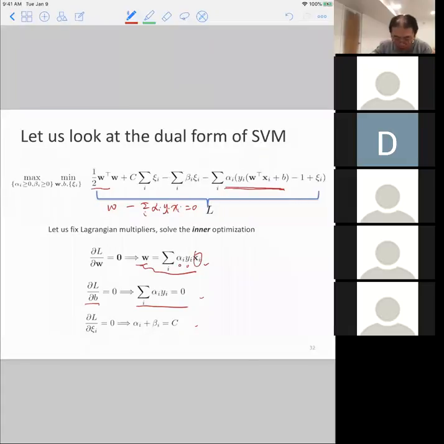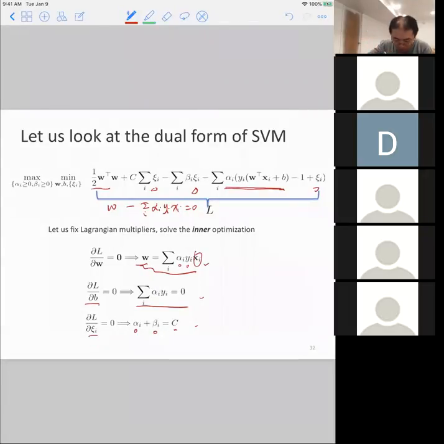And then we take the gradient with respect to each ξi. So you have 3 terms containing ξi, right? Just calculate the gradient, set it to be 0, and you'll see, interestingly, that you need to ensure that for each i, alpha i and beta i, their summation must be the constant C. C is a hyperparameter which trades off the regularizer and the hinge loss, okay?